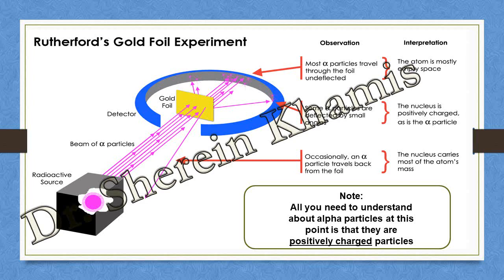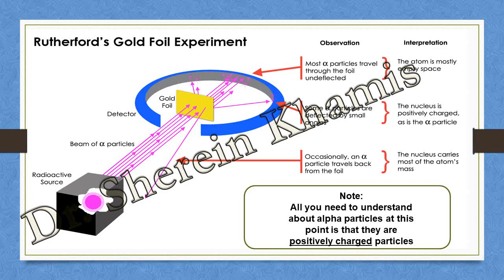So here the nucleus contains a charge the same as theirs, which makes a repulsion, or makes them go away, or deflect. So the nucleus contains positively charged particles inside it, and it's only some, not a large amount or a large area of the atom.